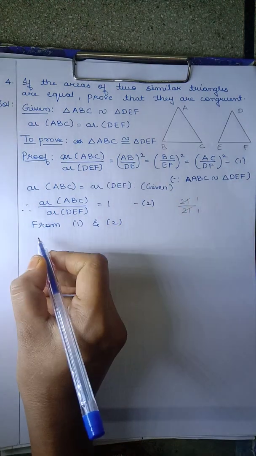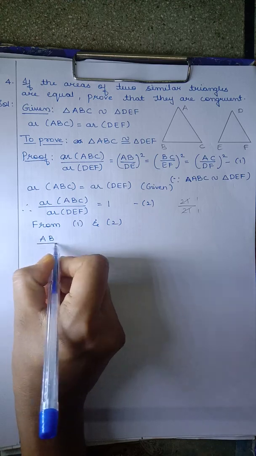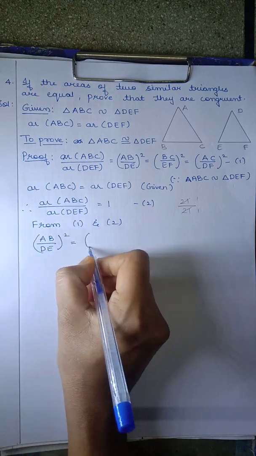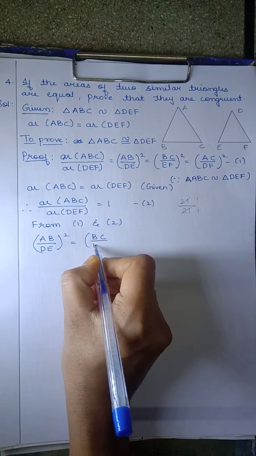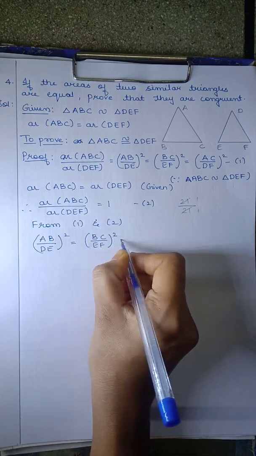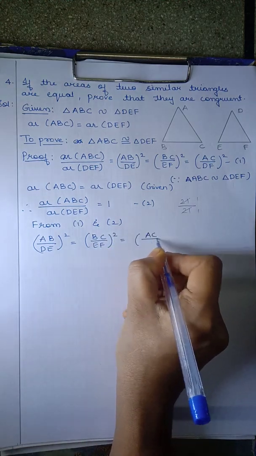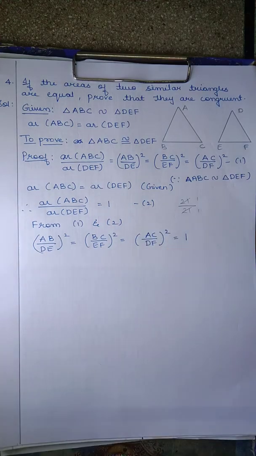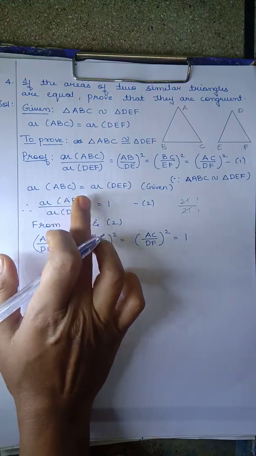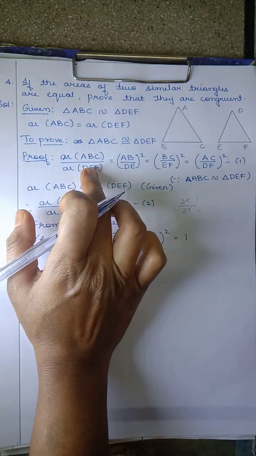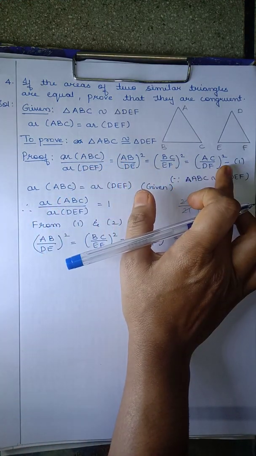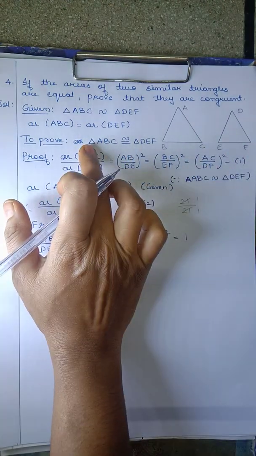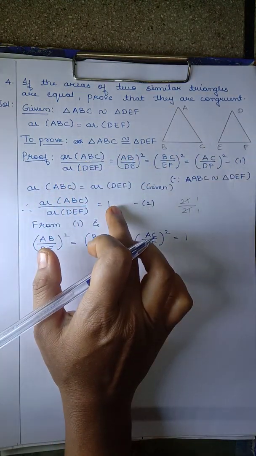So we can write (AB/DE)² = (BC/EF)² = (AC/DF)² = 1. Isn't it? When the area ratio is 1, it equals the square of their corresponding sides. So all these three ratios of their corresponding sides are equal to 1.